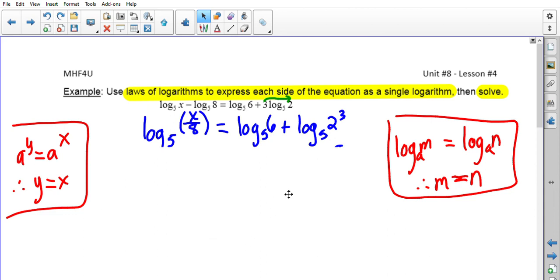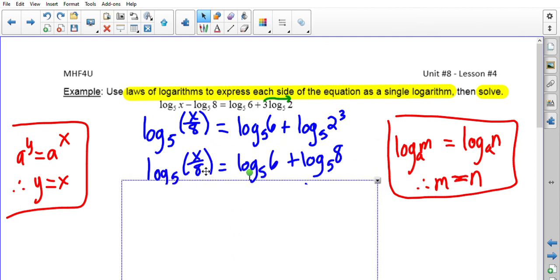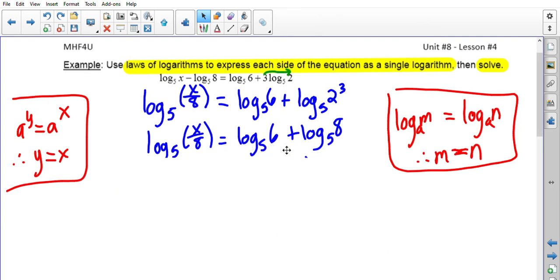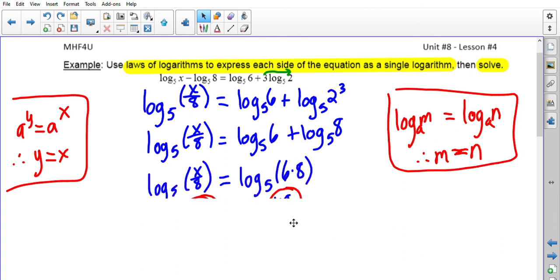All right, now I want to evaluate 2 to the 3. Okay, so everything stays the same, and then I'm just writing that as log of 8 to the base 5. I can see that these two have the same base, and both logs being added, so I can take their arguments and multiply them. So log x over 8 to the base 5 equals log of 6 times 8 to the base 5.